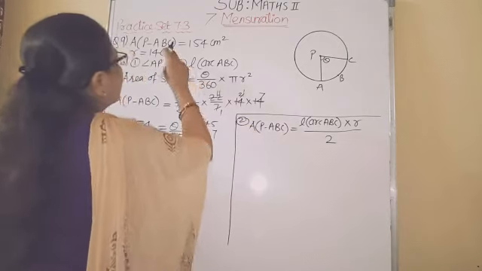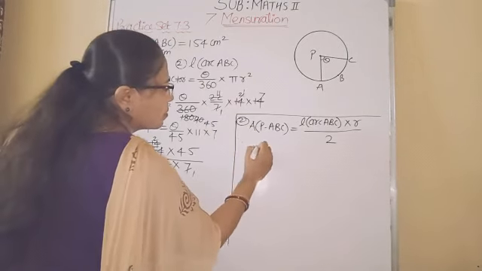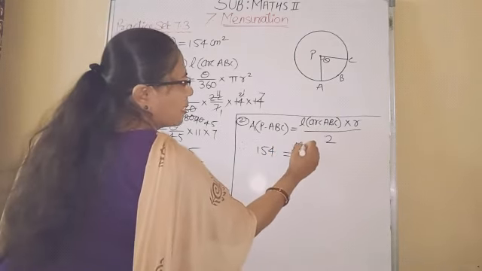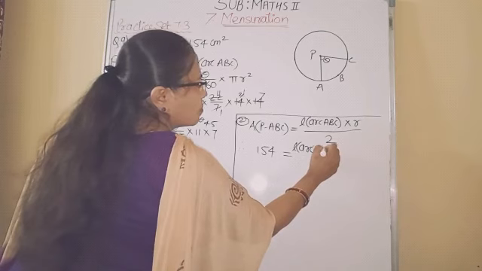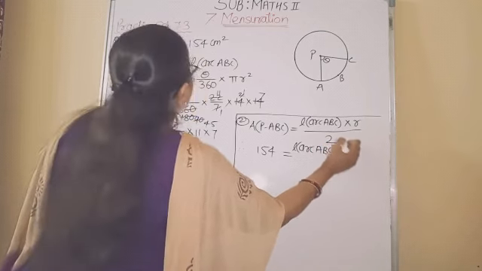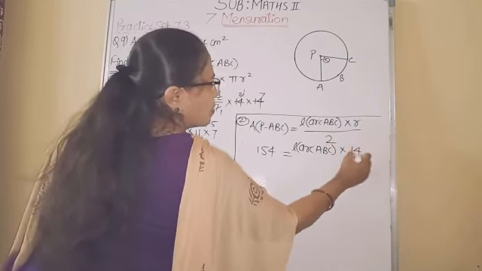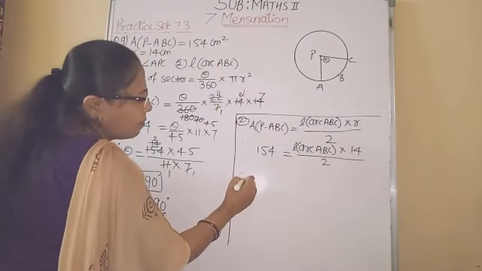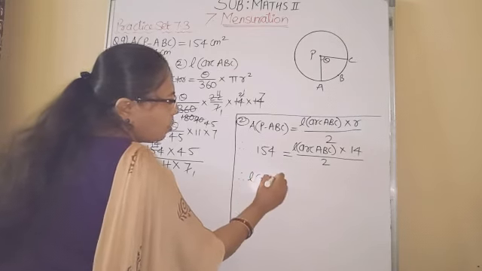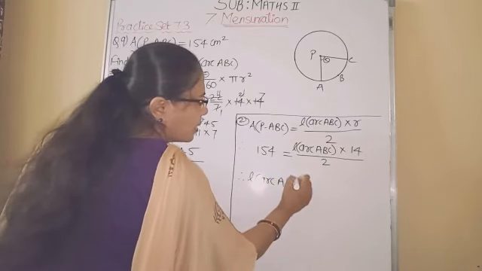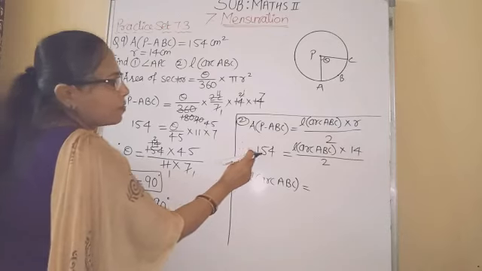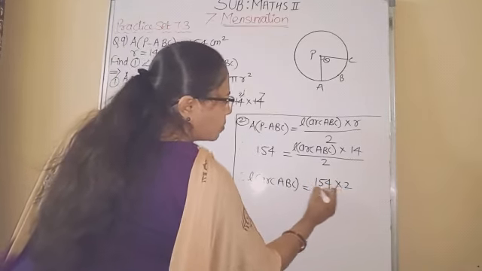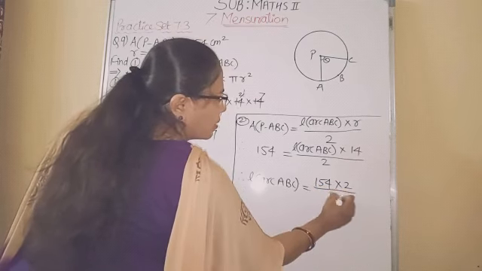This value is given 154. Length of arc we have to find out. Radius is given 14 upon 2. Therefore, length of arc ABC is equal to 154 multiplied by 2 divided by 14.